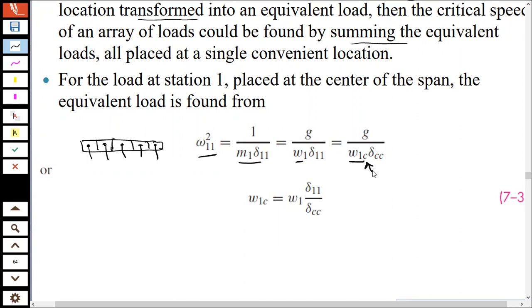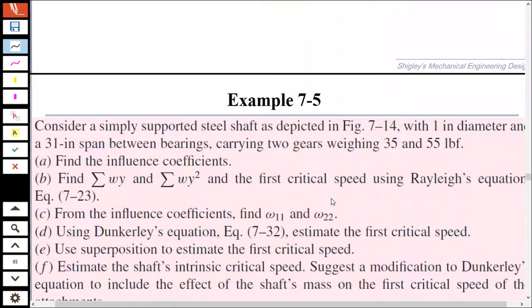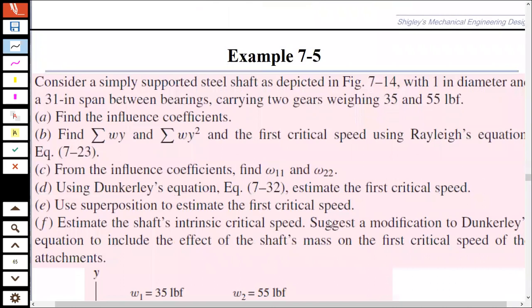And this C stands for the center. ठीक है जी. So the delta at the center will be delta CC. So we can write that W1C is equal to W1 delta 11 over delta CC. ठीक है जी. So you can incorporate that in that equation. ठीक है जी. Let's look at this problem, and I hope that you will understand this by doing this problem. Let's see.